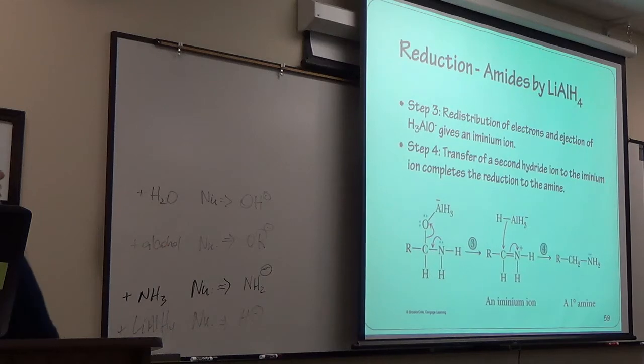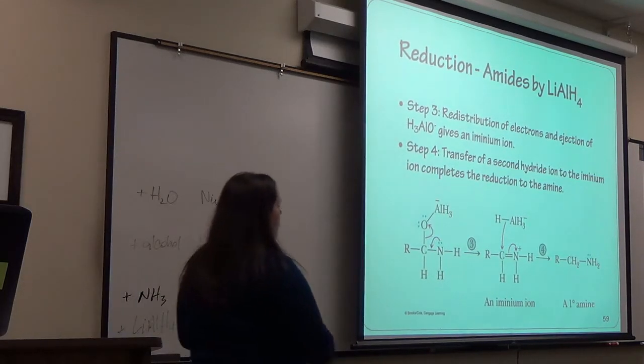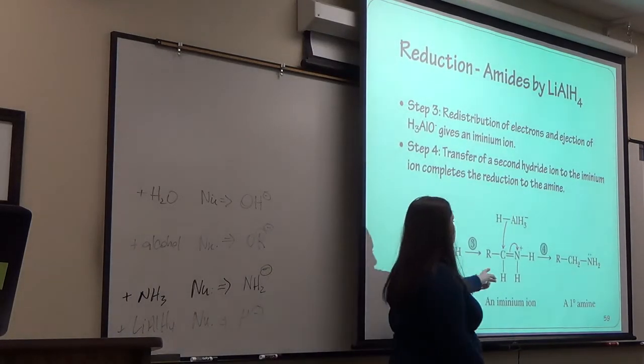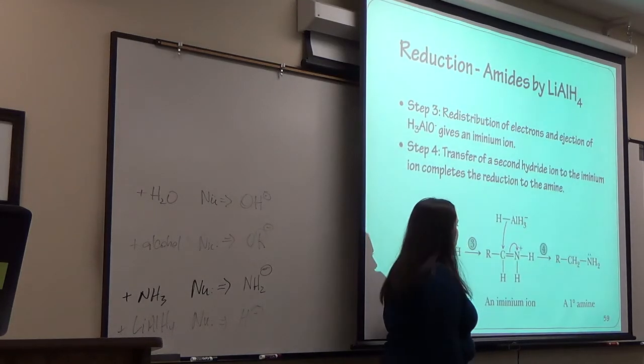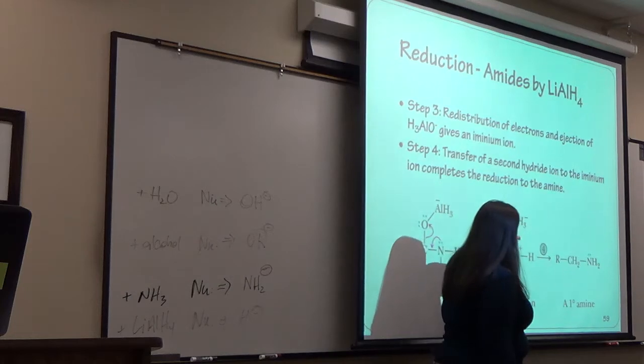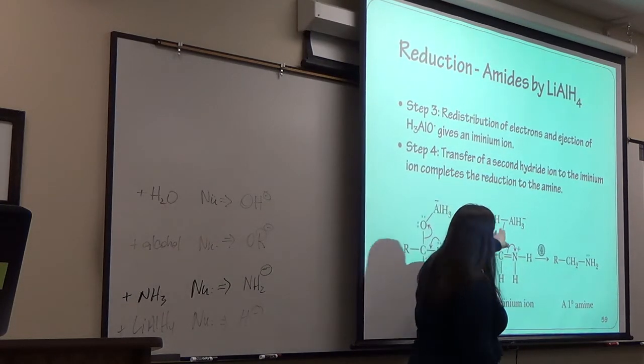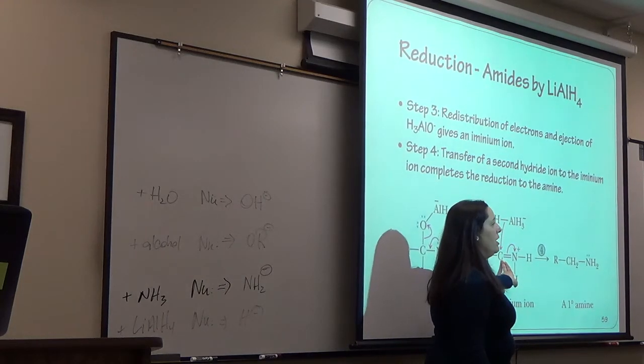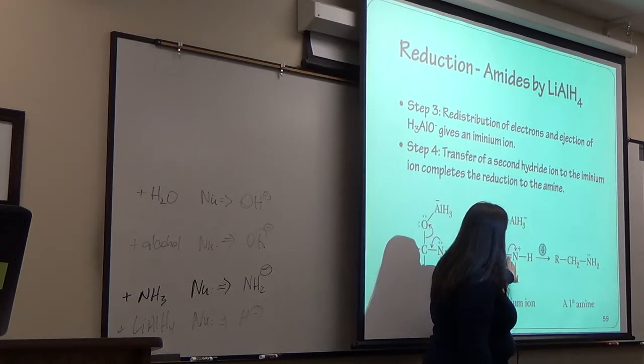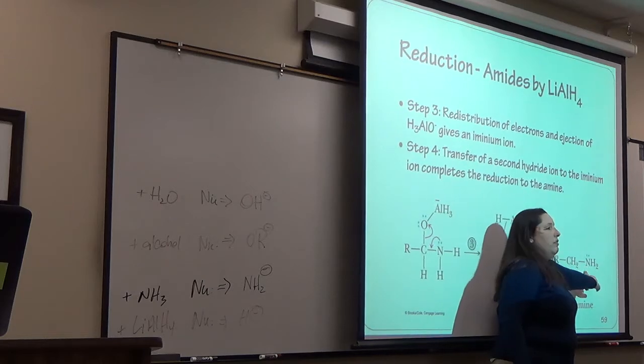Then you have a redistribution because nitrogen can form that double bond, the Schiff base, the imine, and it forms that ion there. When that happens, you can have another attack here. You get rid of the oxygen in this step, and then you can have another hydride come in, and it opens the double bond to give you the amine.